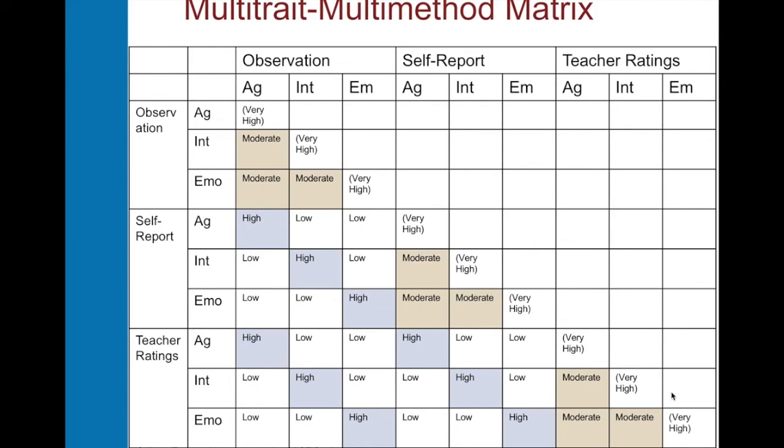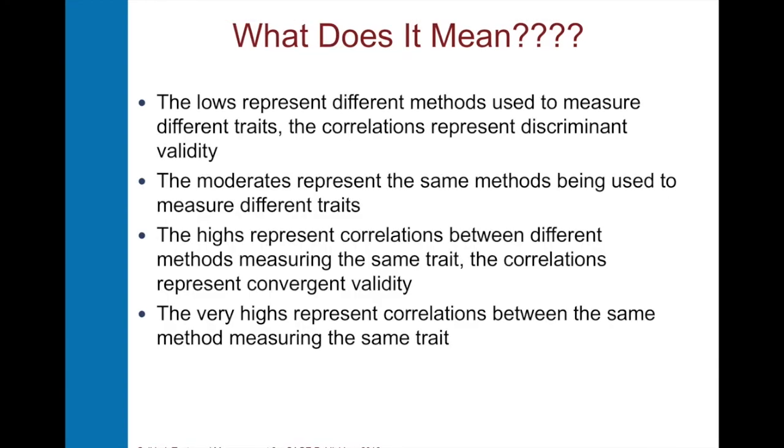So for the exam and also for your quarterly assignment, you want to know basically the types of validity that you would expect to see in a multi-trait, multi-method matrix, all the way from low correlations to moderate to high to very high, and what all these correlations basically mean. All right.